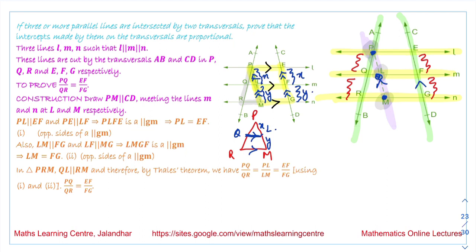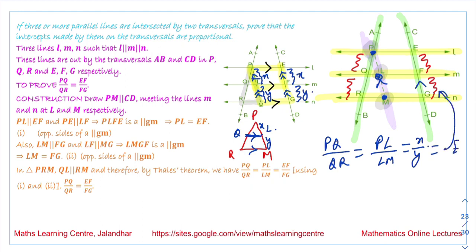So by basic proportionality theorem, we are saying PQ over QR is equal to PL over LM, that is equal to X over Y, and this value is equal to EF over FG. And this is what we have to prove, that the intercepts made by these 2 transversals on the parallel lines are proportional to each other.